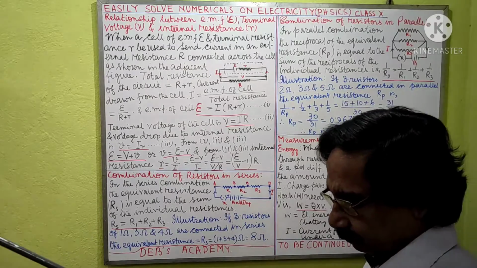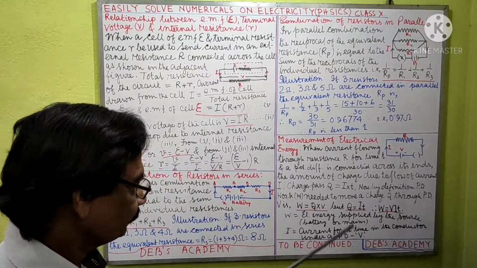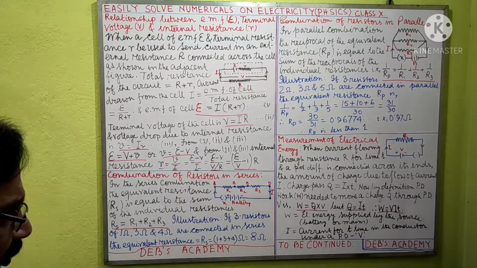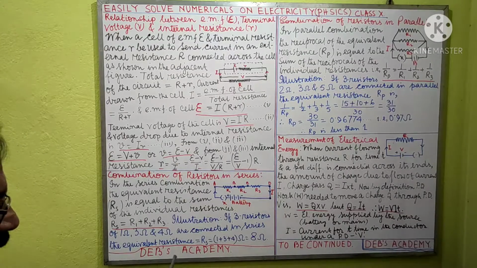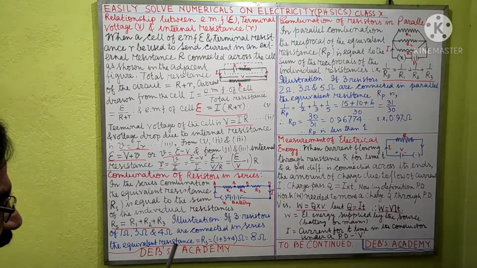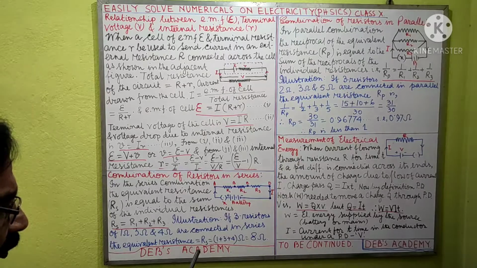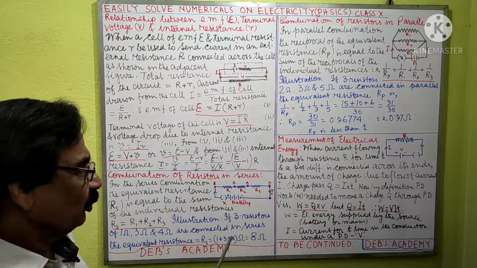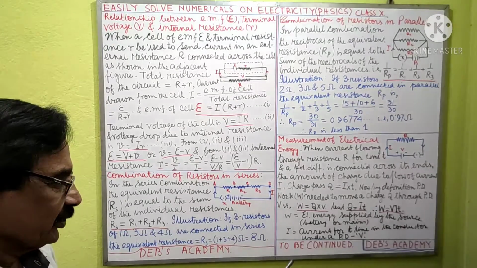This is V I t, and W is the electrical energy supplied by the source, it may be a battery or mains, and I is the current for time t, which will be in seconds, in the conductor under a potential difference V.